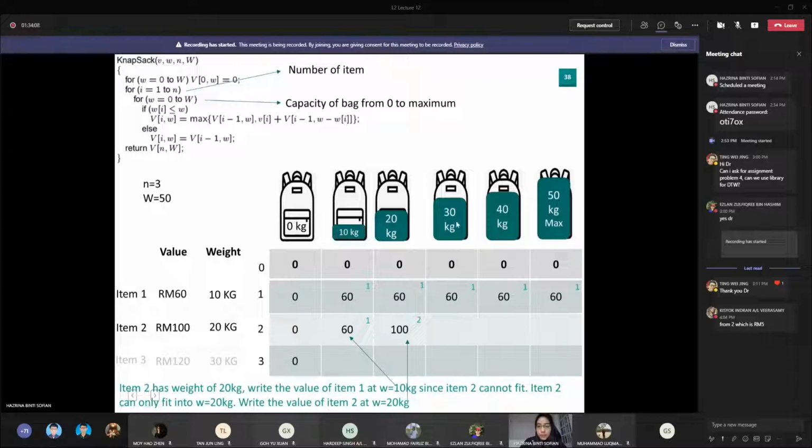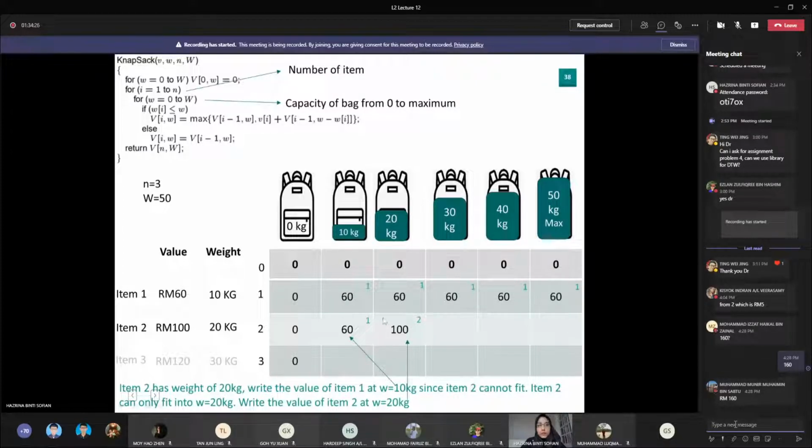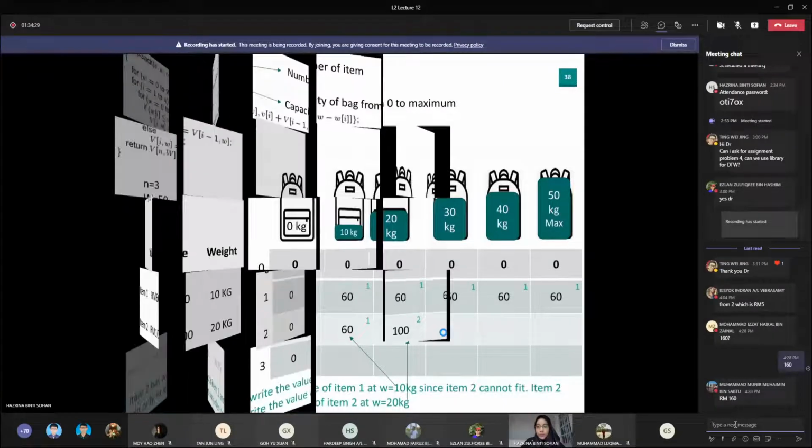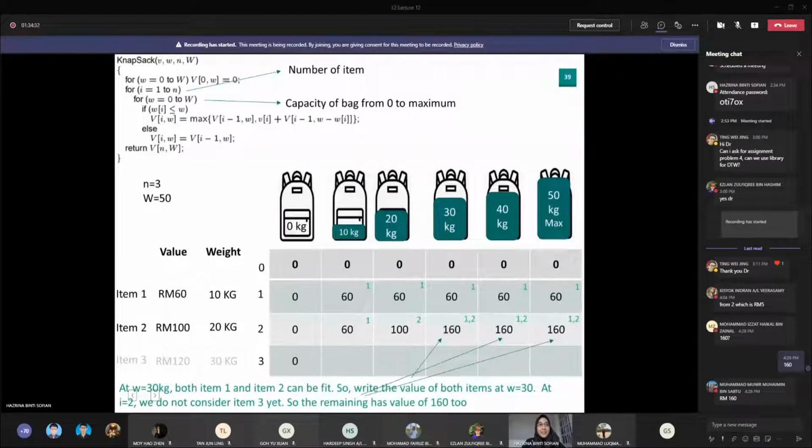At 30 kg. 160. Okay, correct. Because at capacity of 30, we can take both items, because both items, 10 kg and 20 kg, can fit into here, and the value is 60 ringgit plus 100 ringgit, which is 160.